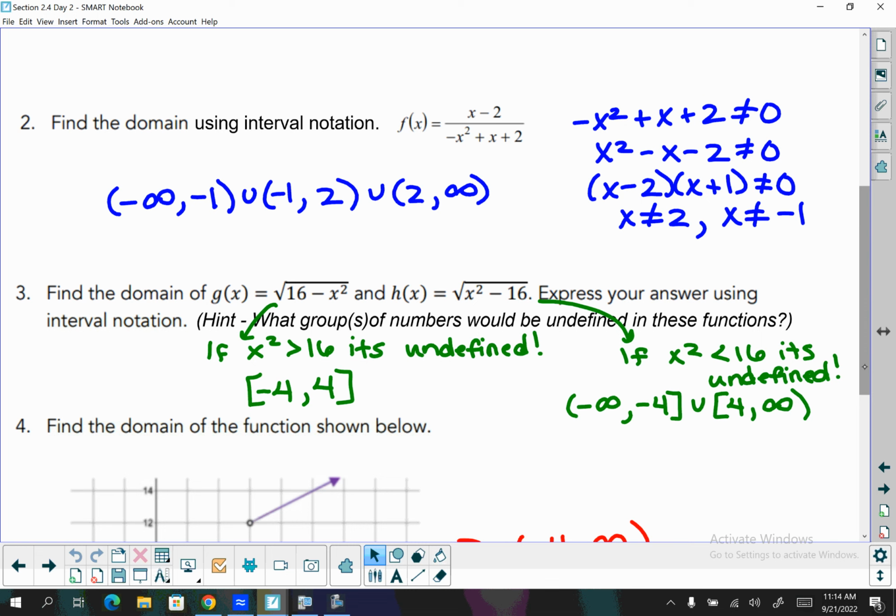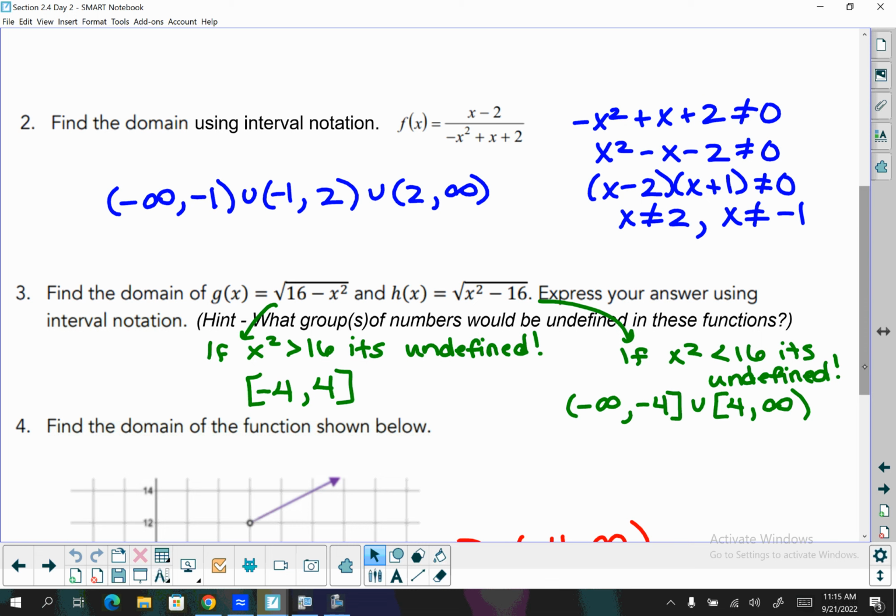If I plugged in 4, I'd be okay, because that would give me a 0. But anything bigger than 4 will give me a negative number. And that goes the same for anything smaller than -4, like a -5 squared I plugged in would give me a negative. So anything bigger than 4 would be a restriction, and anything smaller than -4 would be a restriction. Those are numbers I can't plug in, which leaves me only -4 to 4 that I can plug in and get a positive number underneath my radical.